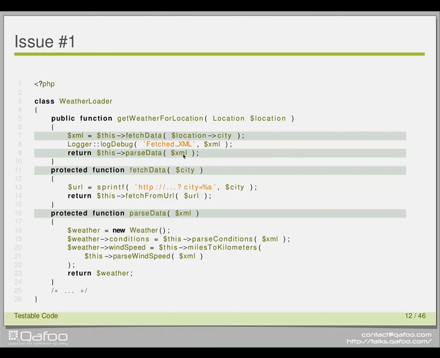It retrieves the XML data, which we retrieved from whatever service we are calling. And what it does is creating, of course, a weather struct representing the weather, and dispatching again to some protected methods, which are handling the details, like parsing the weather conditions, parsing the wind speed, converting the miles which are returned in the wind speed to kilometers, and so on.